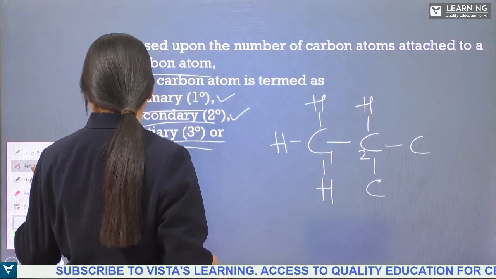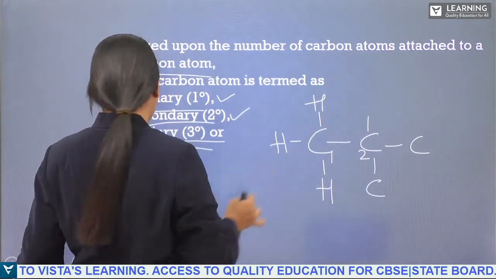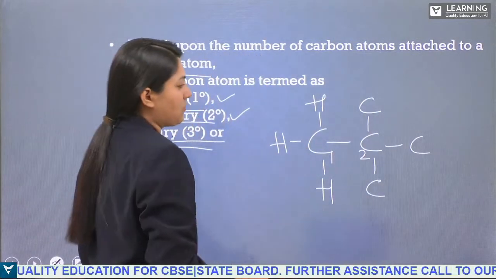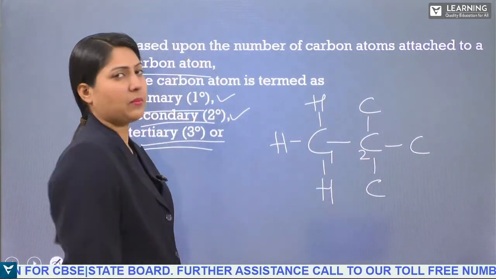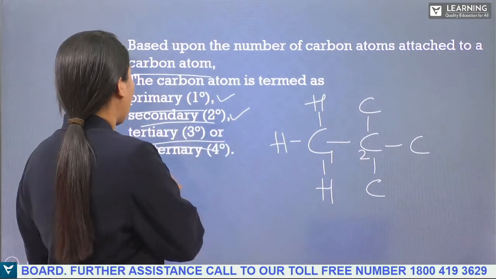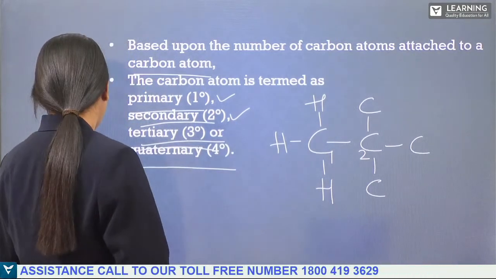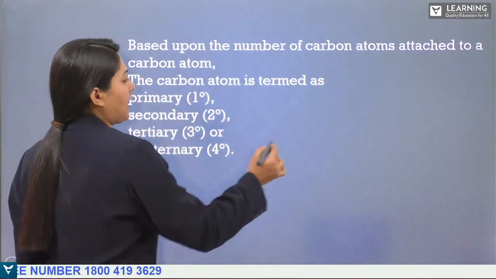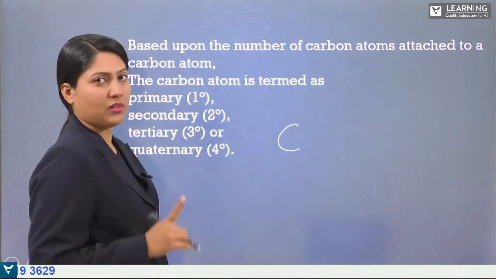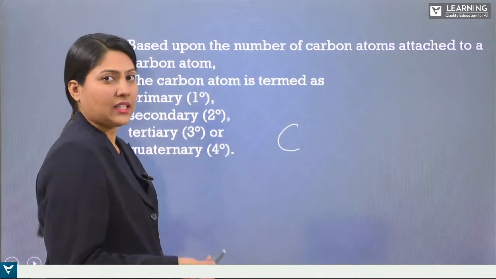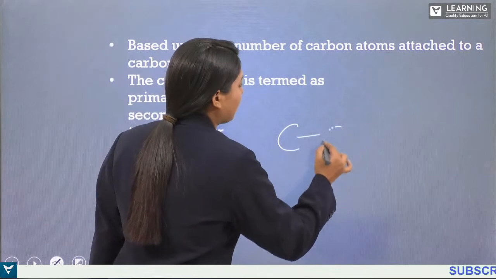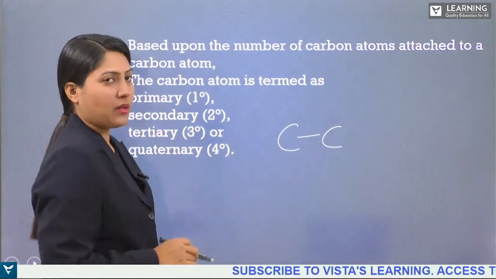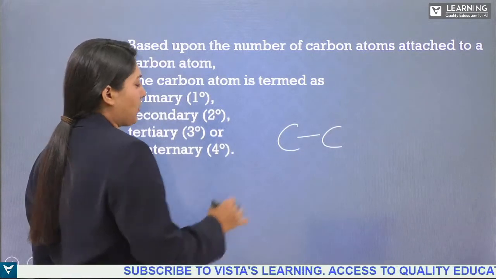If it is linked to 4 carbon atoms, all the bonds linked to 4 carbon atoms, we can call it a quaternary carbon atom. Hope you are understanding this, students. A primary carbon atom is linked to only one other carbon atom.